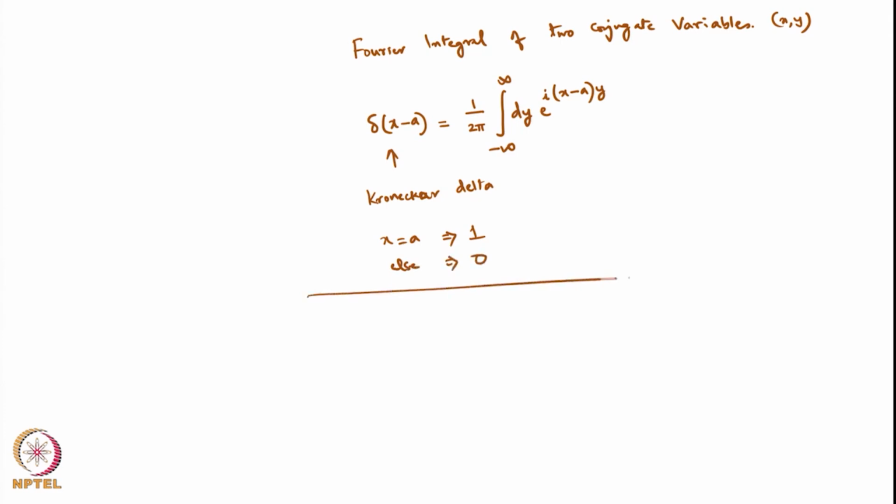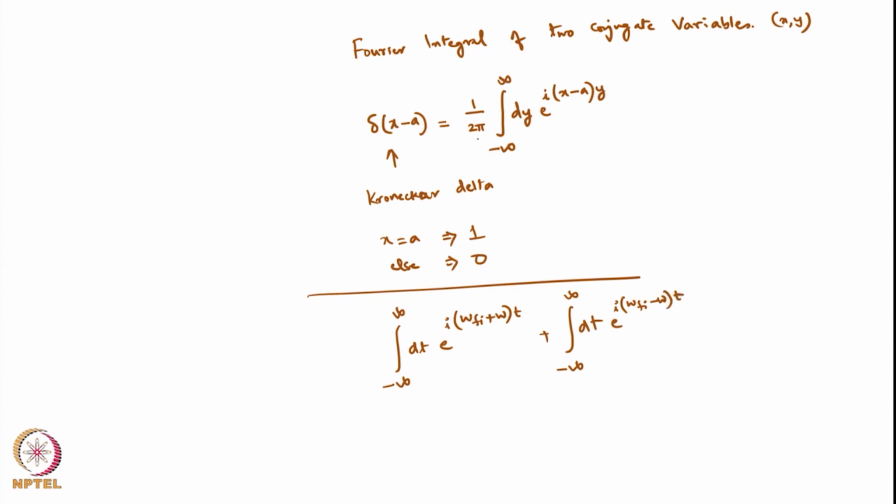Now let us look at the integrals that we had. What are the two integrals that we had in the previous case? Those were the integral from minus infinity to plus infinity dt e to the power of i (omega fi plus omega) t, plus the integral from minus infinity to plus infinity dt e to the power of i (omega fi minus omega) t.